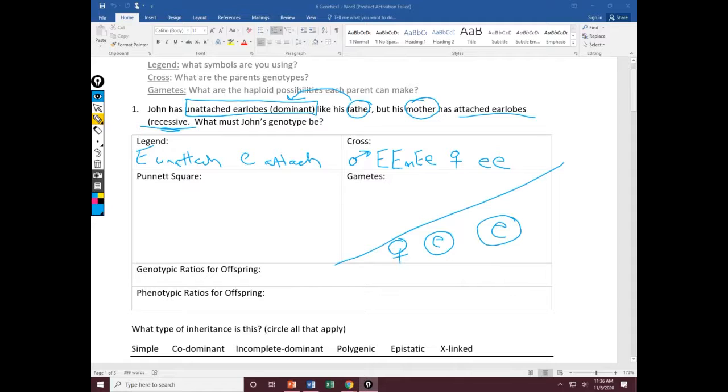So, dad, if you picked homozygous dominant, you're going to get two sperm that look the same, each with one big E in it. Or, if you chose heterozygous, you'll get a sperm with a big E and a sperm with a little e.